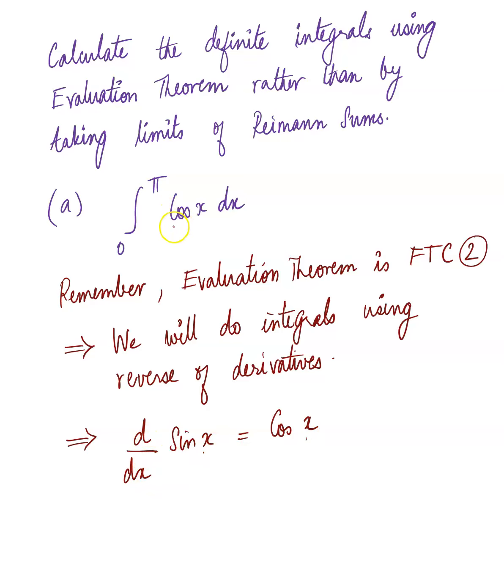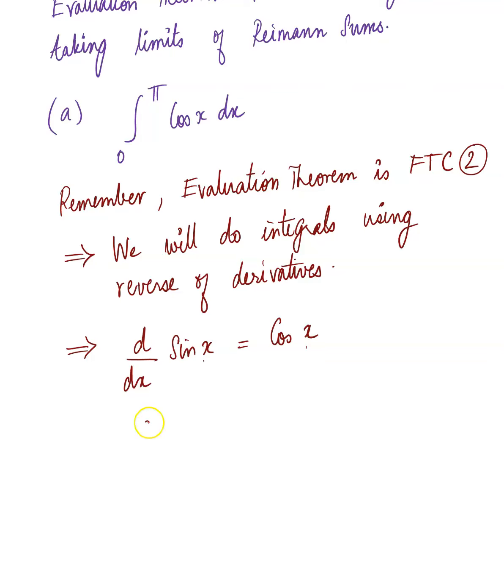We're asked to find the integral of cosine x dx. So integral 0 to pi cosine x dx equals, let me quickly recall FTC. FTC said integral a to b small f of x dx is capital F of x evaluated from a to b. Okay, that's the other notation I showed you. So capital F of x is already the integral of the small f of x.